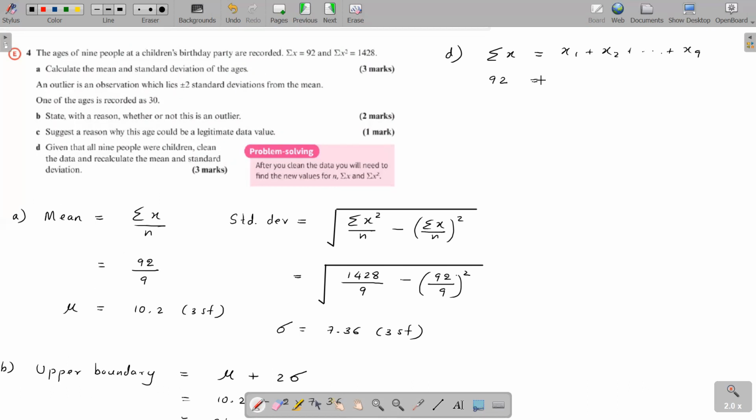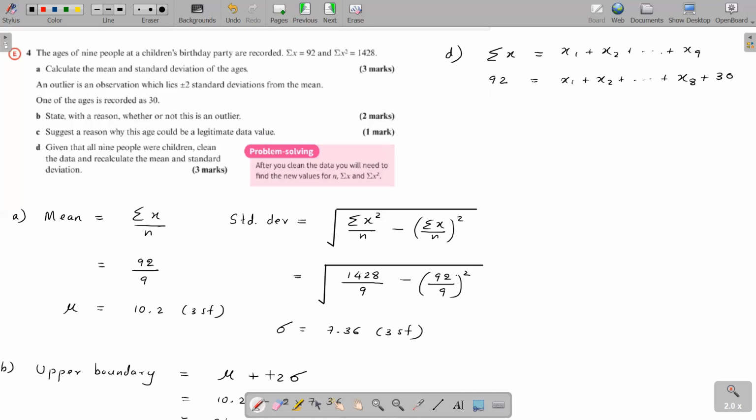So what I need to do here is I need the first 8 data values, but I don't want the last data value, which is 30. I'm just showing you the last data value here is 30 because you have 9 data values, 9 ages. I don't know these ages, but I know they are in the data set. The last data value is 30, so that 30 should be removed.